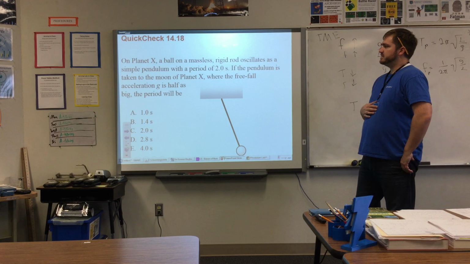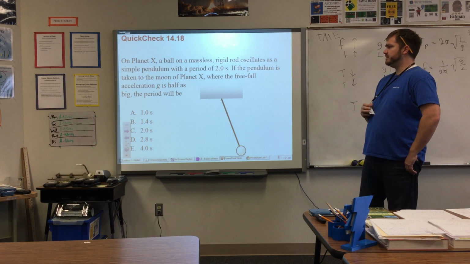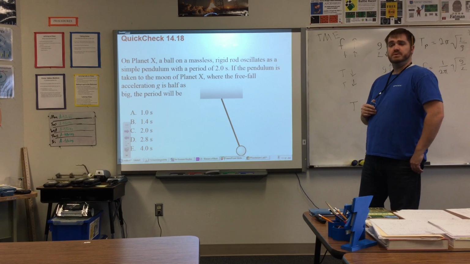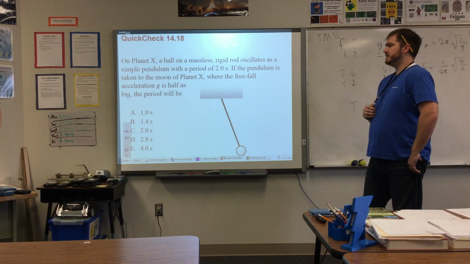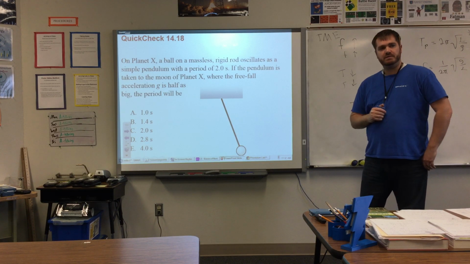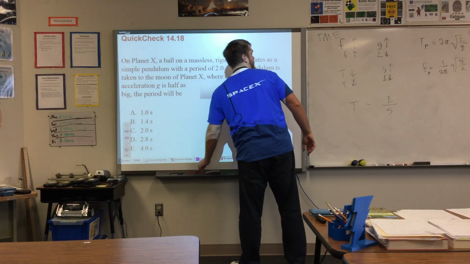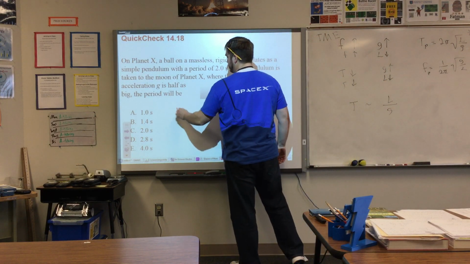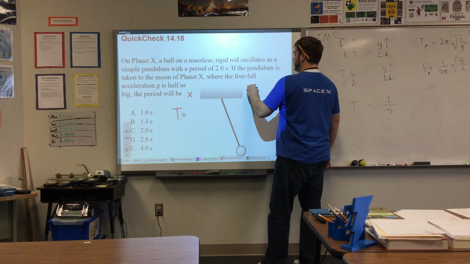On planet X, a ball on a massless rigid rod oscillates as a simple pendulum with a period of 2 seconds. If the pendulum is taken to the moon of planet X, where the free fall acceleration g is half as big, how will that affect the period? This is how I would set up this problem. I would write, this is on planet X, and this over here is for the moon.